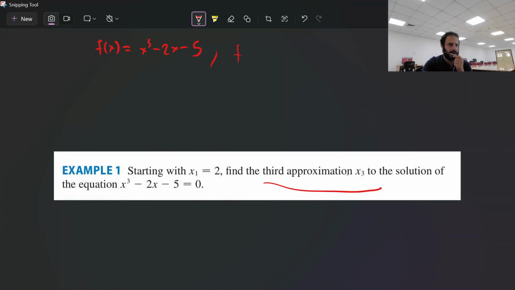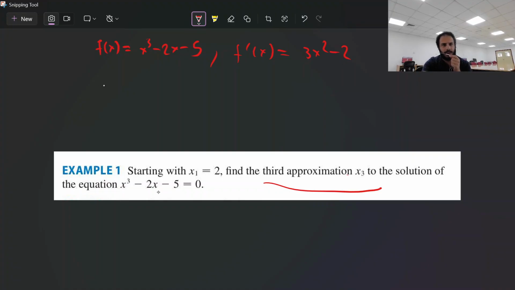Now what is the derivative here? f prime of x equals 3x squared minus 2.